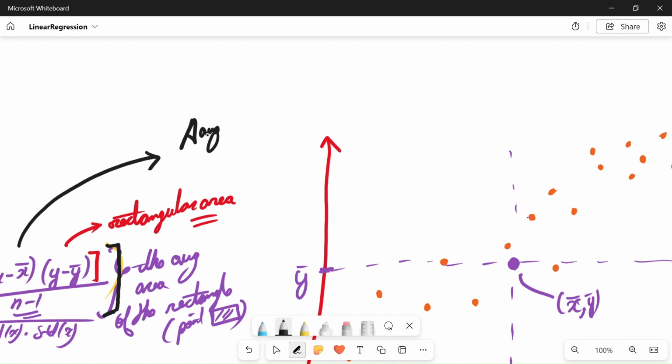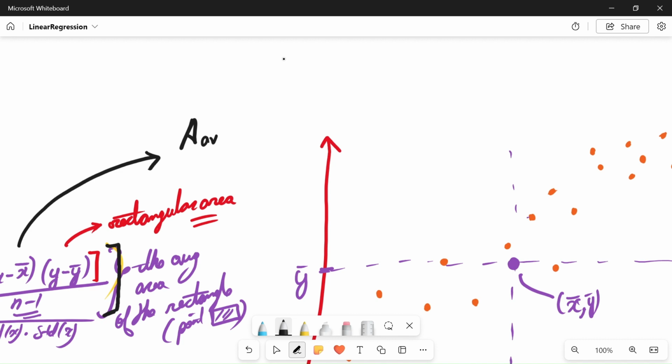Now if I ask you, the average area of the rectangle comes out to be A average, okay? Maybe I'll write it as AV. Now if I ask you to draw the rectangle with an area of A average, then there are actually infinite pairs of lengths and breadths that you can come up with to draw the rectangle.